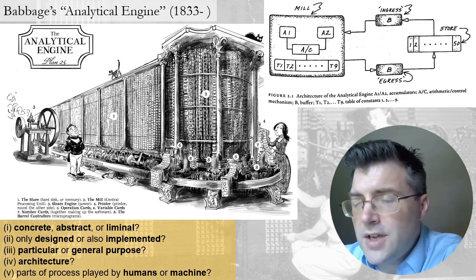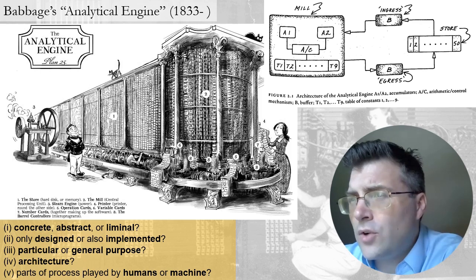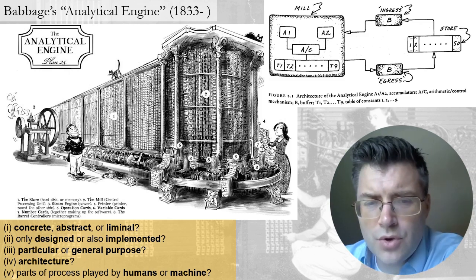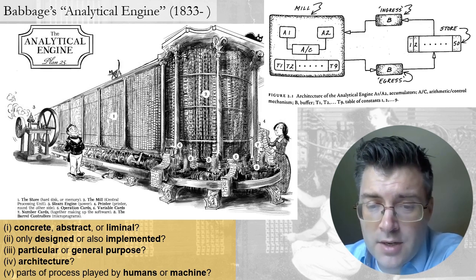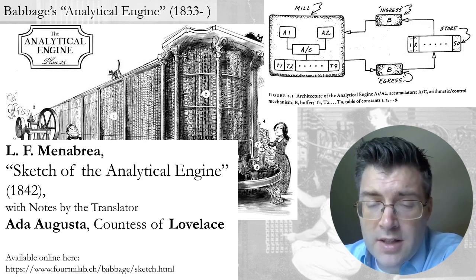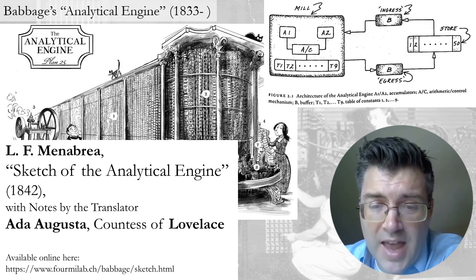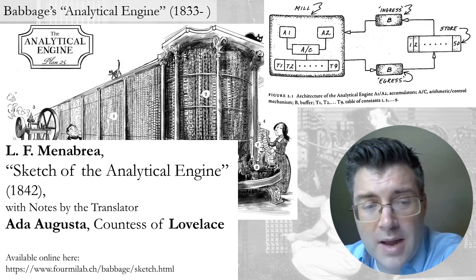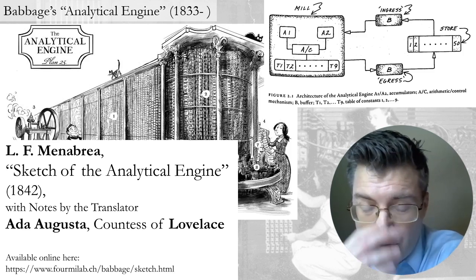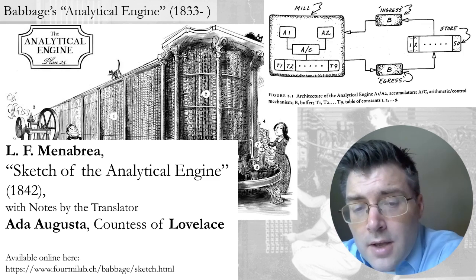There was a very well-known piece of writing about it, a kind of introduction to the idea of the analytical engine, produced by an Italian thinker, actually, Menabrea, and then translated by Ada Lovelace, a collaborator of Babbage, that we'll say more about in just a moment because her story is kind of interesting.